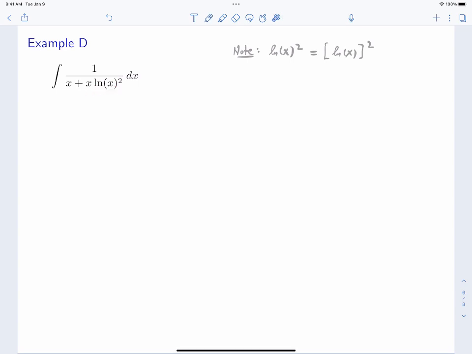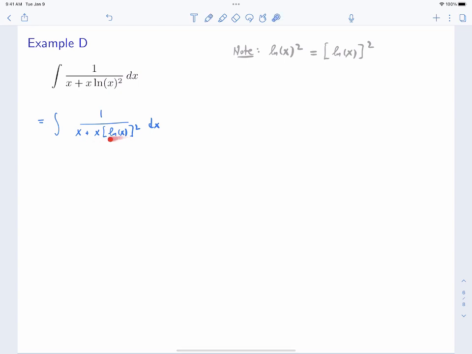Okay, so this integral, let's just rewrite it. This is the integral of 1 over x plus x times ln of x quantity squared dx. So what are we going to do here? Well, we want to make this look like one of the elementary antiderivatives that we started with.